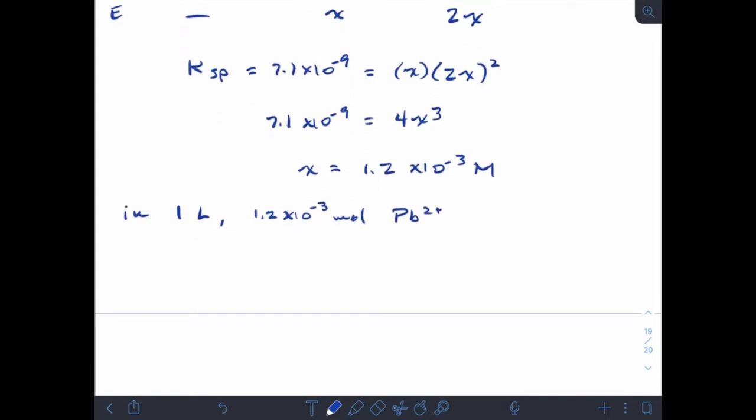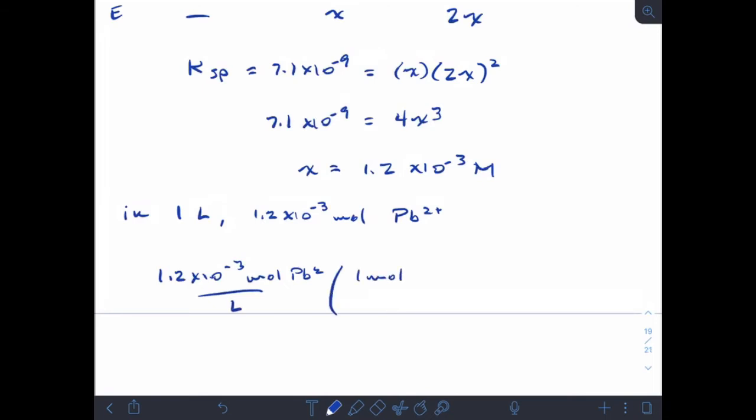Right? And then we convert that to quantity of solid, right? Because we don't really care how many ions are there. What we want to find out is how much solid will dissolve in a given unit of water, right? So in this case, it's easy to take things as 1 liter because we're dealing with molarities. So 1.2 times 10 to the minus 3 moles of Pb2+ per liter.